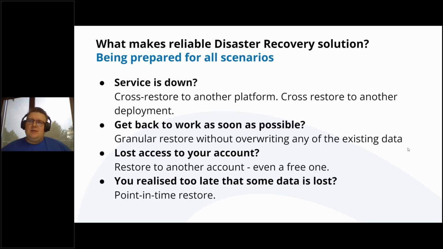Attackers are patient. So consider the fact that, okay, if in 6 months' time I realize that my code base is infected and my backups from the past 6 months are infected too, you should be able to restore data from 7 months ago. So have a platform that, first of all, allows you to store backups for such a prolonged time. And secondly, have a platform that allows you to restore this data.